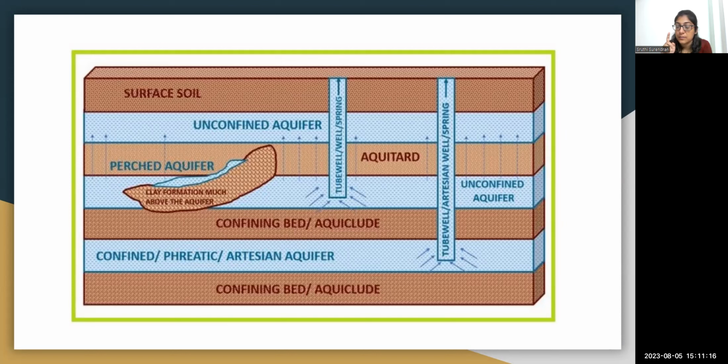So we checked into aquifer, which has enough and more quantity of water. It can store as well as transmit water very significantly. Then there is aquitard, which has water, but its yield is not as significant as an aquifer. And we talked about aquiclude, which are semi-permeable formations which can retain water, but will not transmit water at any cost.